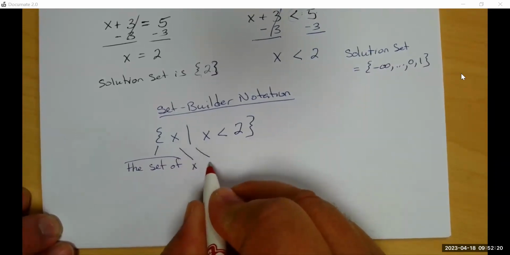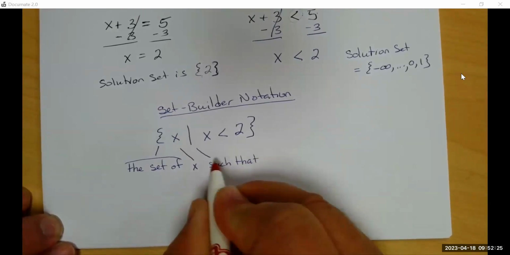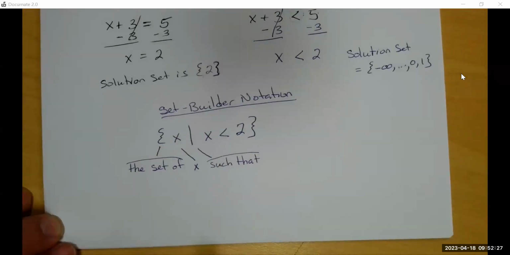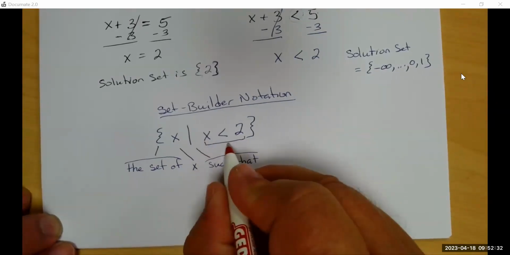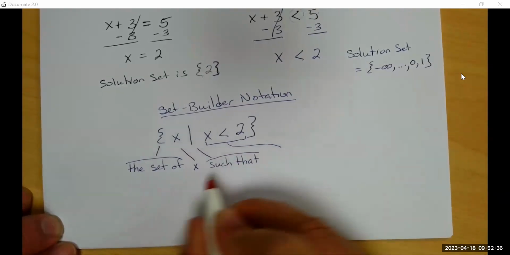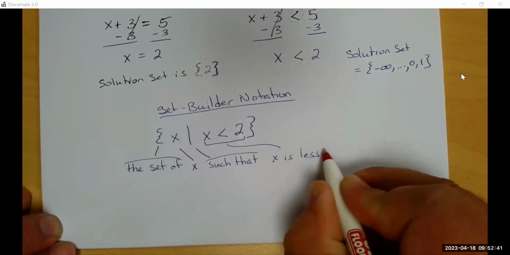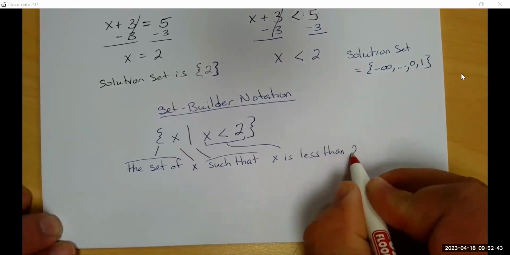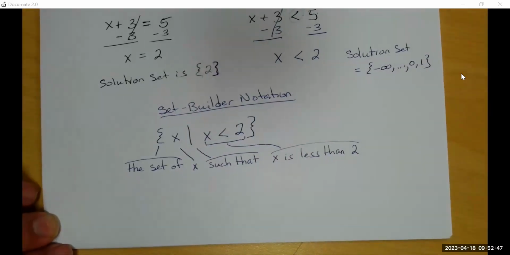This little vertical line means such that, and inside here is at least one condition such that x is less than 2. That's how it's read. The set of x such that x is less than 2.